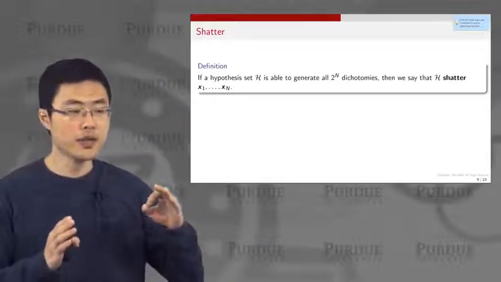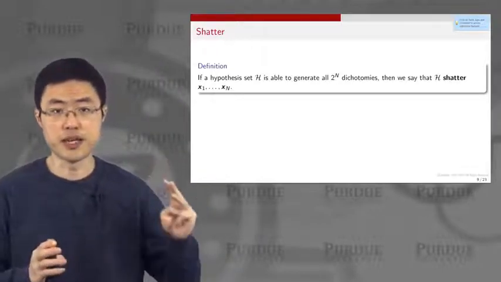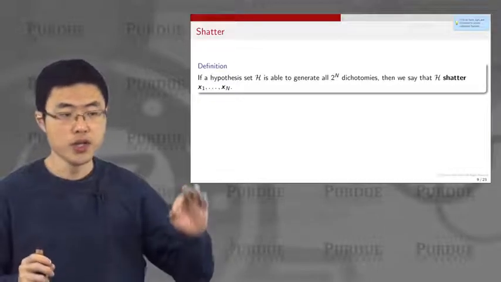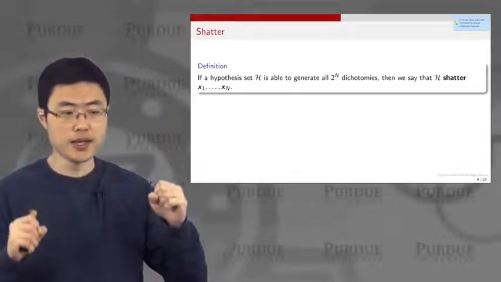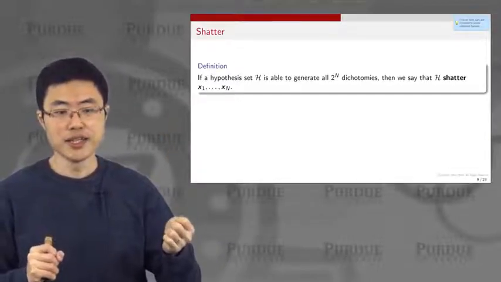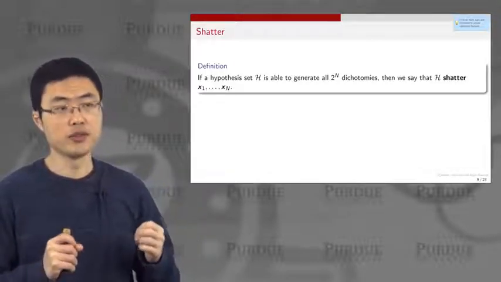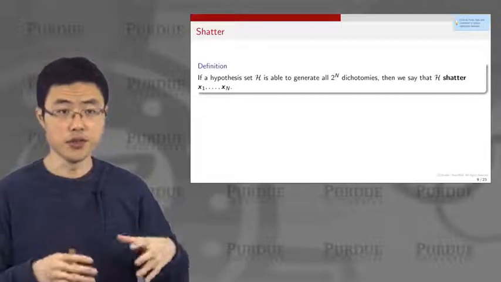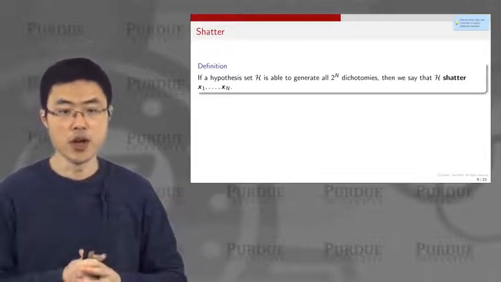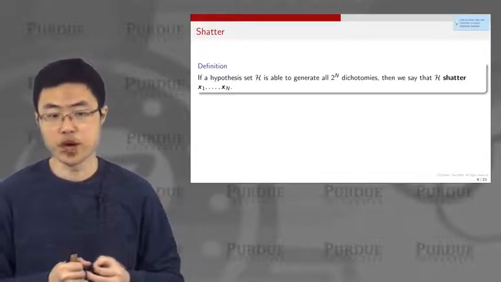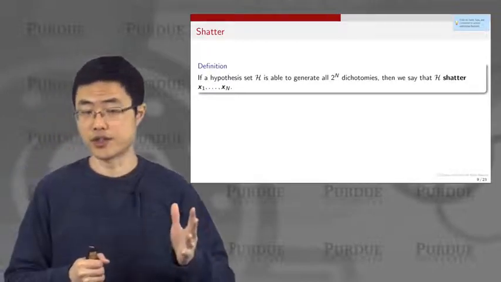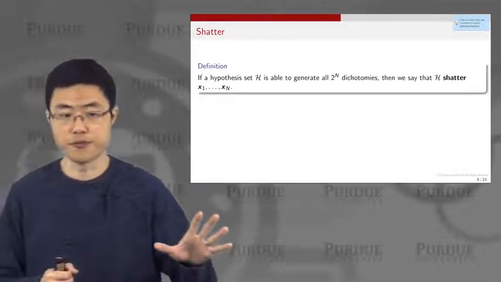So you can think about the 3 data points in a 2D space as an example. So you have 3 data points, and then you ask, what is the number of dichotomies that you can ever generate? Well, you can generate 6 dichotomies, you can generate 8 dichotomies. We ask, what is the maximum number of dichotomies that you can generate? That will be 8. Okay, so that's an example that we've seen before.